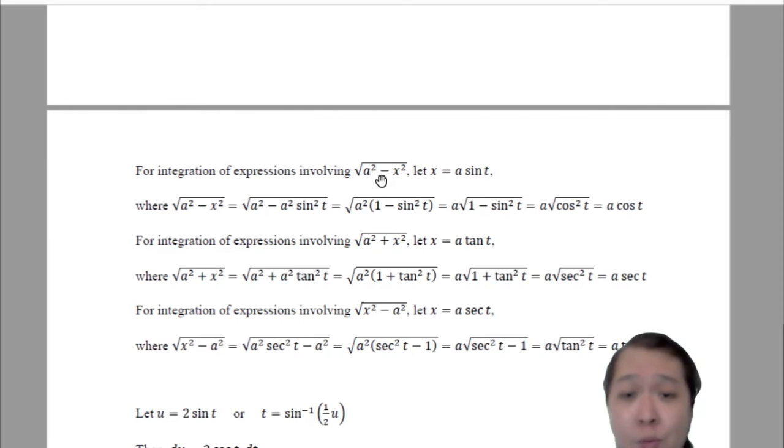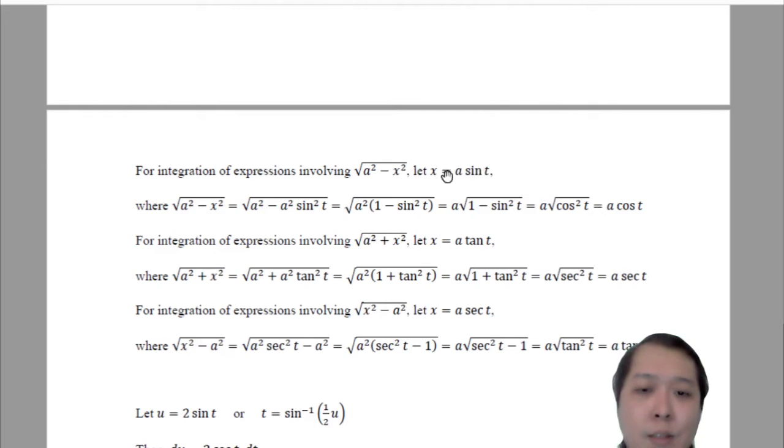When we see this kind of expression, square root of a squared minus x squared, or square root of a squared plus x squared, or square root of x squared minus a squared, we should substitute to this. We use this substitution: x is equal to a sine t, x is equal to a tan t, x is equal to a secant t.